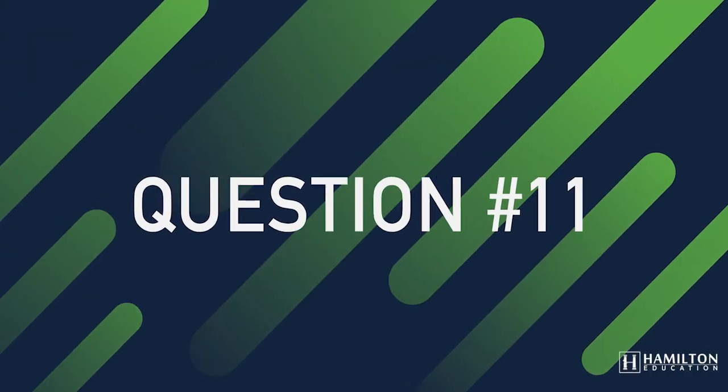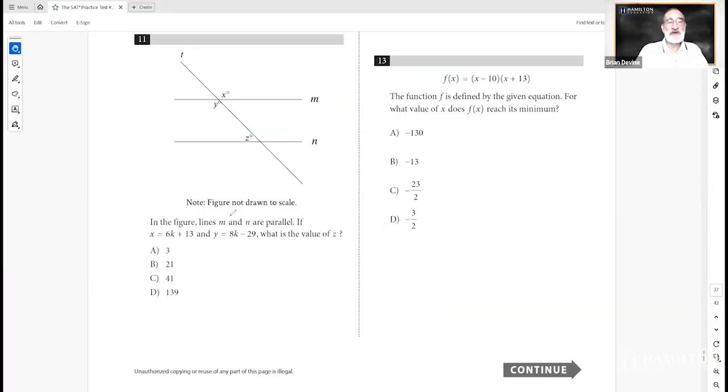Question 11. In the figure, lines M and N are parallel. If x equals 6k plus 13, and y equals 8k minus 29, then what's the value of z? Well, first note this, that x and y are what are called vertical angles, so they have to be equal to each other.